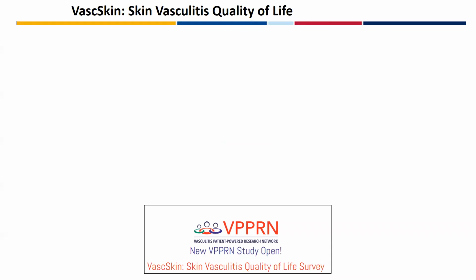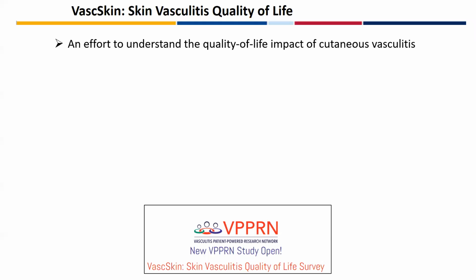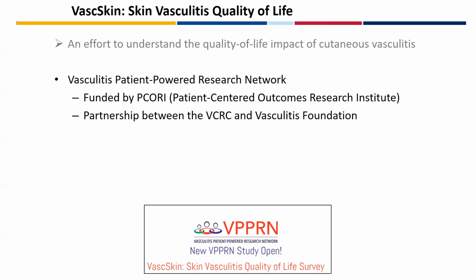And lastly, our final collaboration to date with the VCRC is called VASSkin, which is a skin vasculitis quality of life study, which is really an effort to understand the quality of life impact of cutaneous vasculitis, working together with what's called the Vasculitis Patient Powered Research Network, which is a partnership between the VCRC and the Vasculitis Foundation, which is a patient advocacy group.